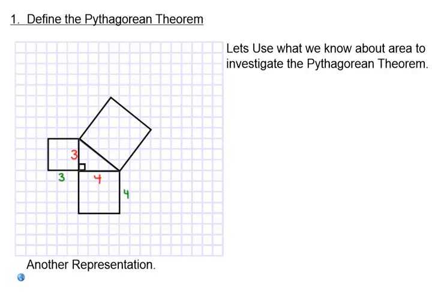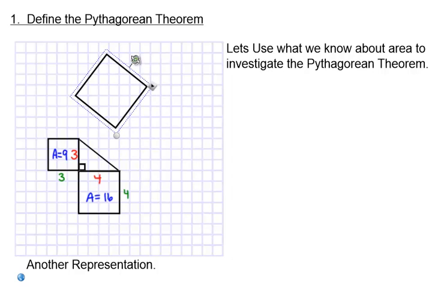Now I'm going to find the area of each square. The area of my little square is 3 times 3, which is 9, and the area of my other leg's square is 4 times 4, which is 16. I'm going to take this third square and move it.